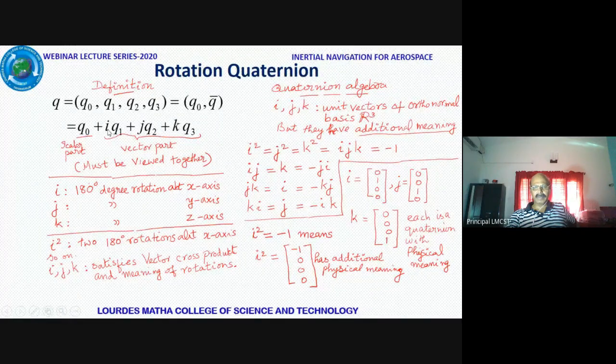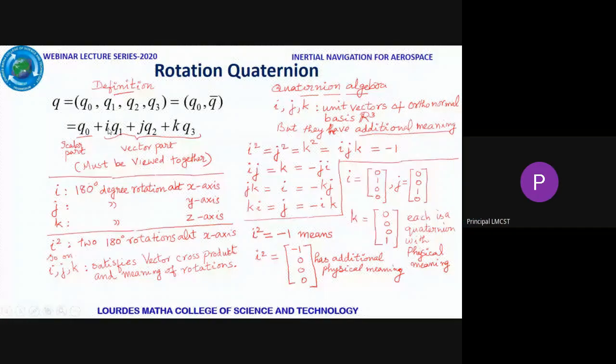i is a quaternion. i is not a single element now. i is a quaternion where this is 0, this is 0, this is 0, this is 1, and that's what is written here. Similarly, j is another quaternion, 0, 0, 1, 0, and k is another quaternion, 0, 0, 0, 1.